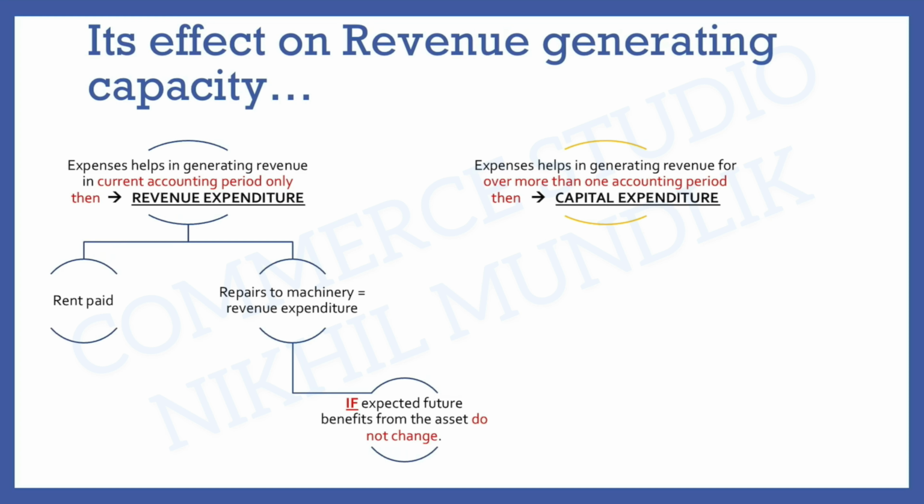But let's say expense is made on purchase of a license for starting a cinema hall. This license is compulsory to start a cinema hall, and because of this you will be able to run the cinema hall for years. So it helps in revenue generation over more than one accounting period, so it becomes capital expenditure.